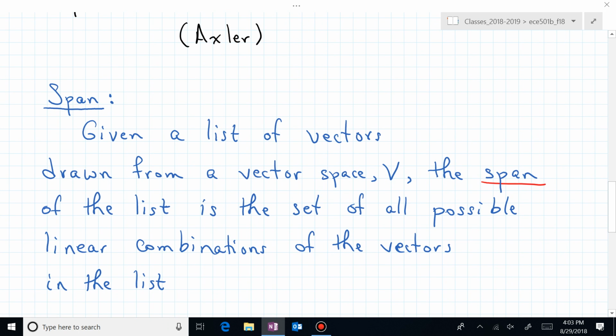That now starts with this notion of span. And here is what is meant by span.